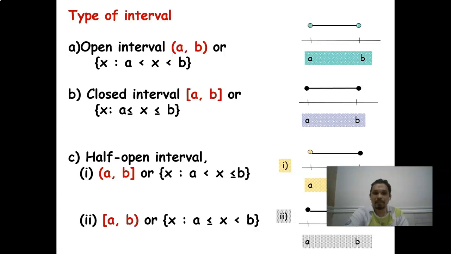Okay, so we are going to look at this one here now. Open interval (a, b). This open bracket we call an open interval (a, b), or x is greater than a and less than b.